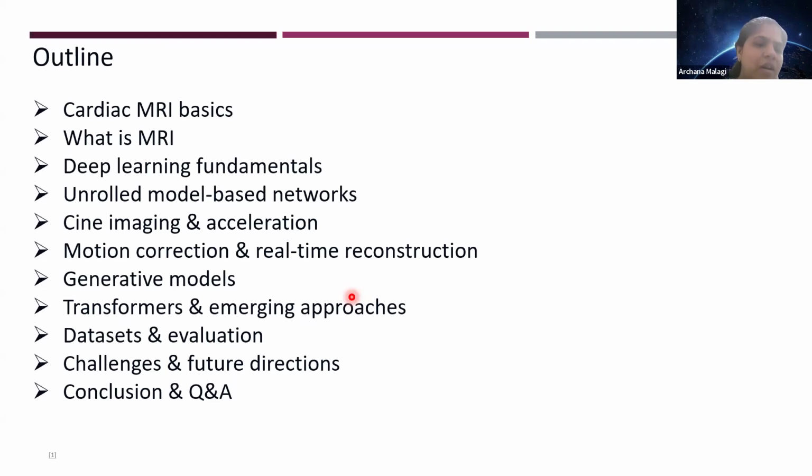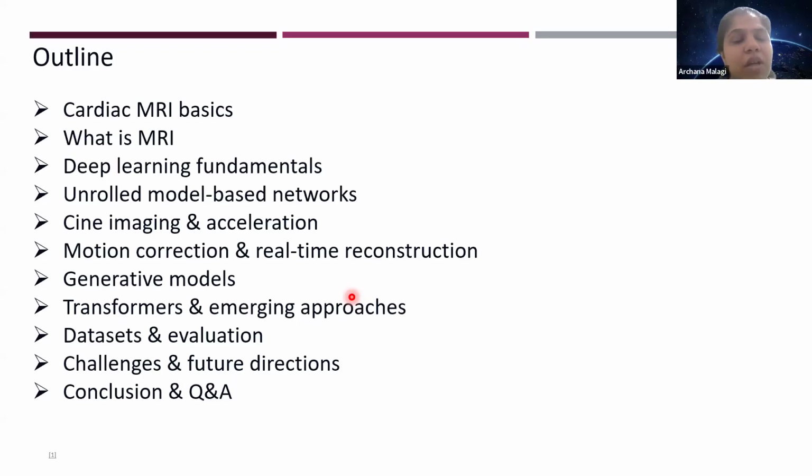And different architectures. Also, we'll be talking about UNet, transformers and emerging approaches. And at the end, we'll be talking about how we will be using this AI in practical cardiac MRI for helping in the diagnosis of different diseases.